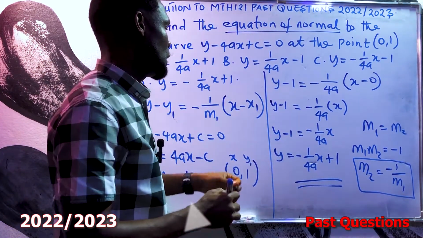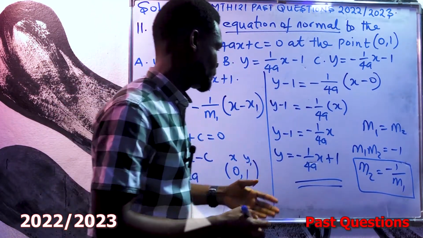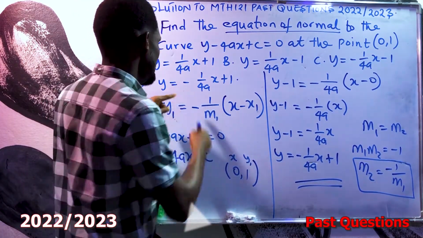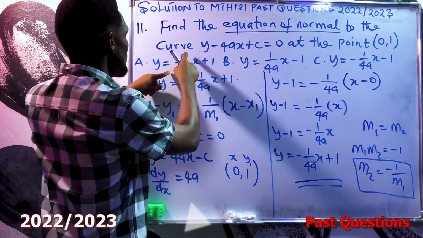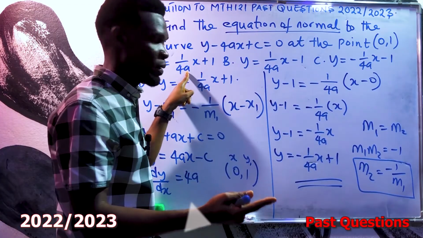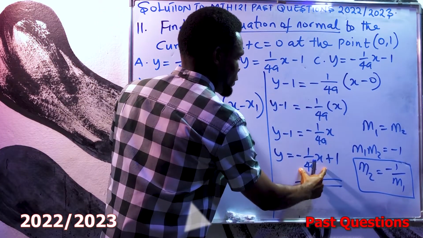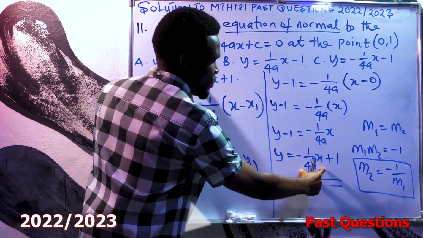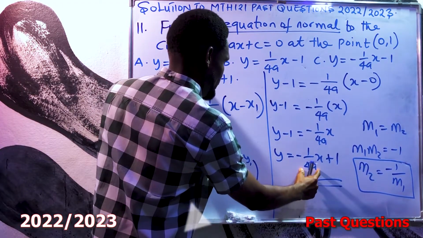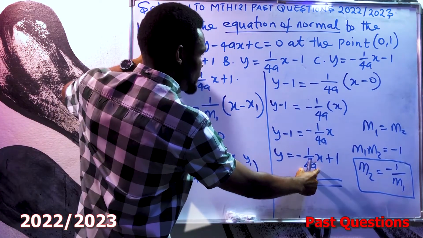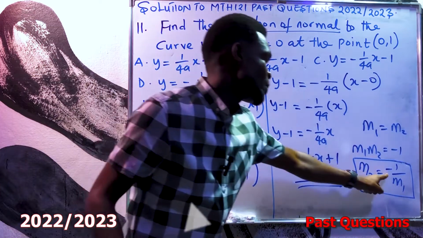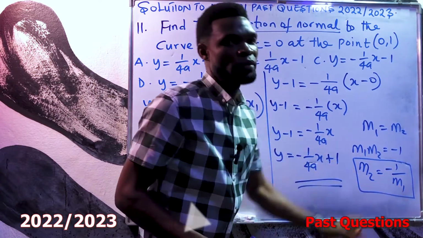The slope of the curve m1 is 4a, so m2 is minus 1 over 4a, which is minus 1 over m1.